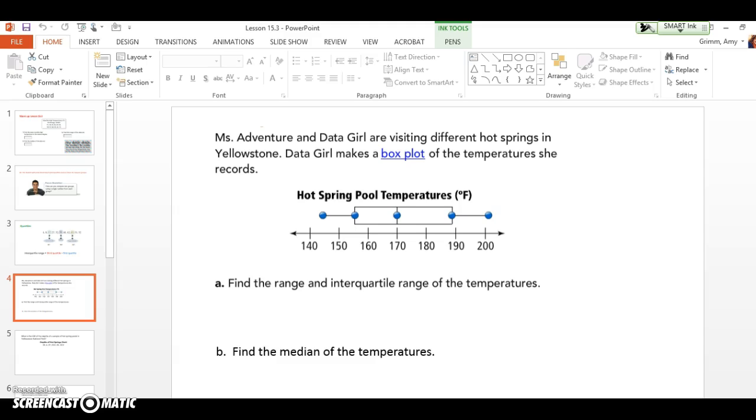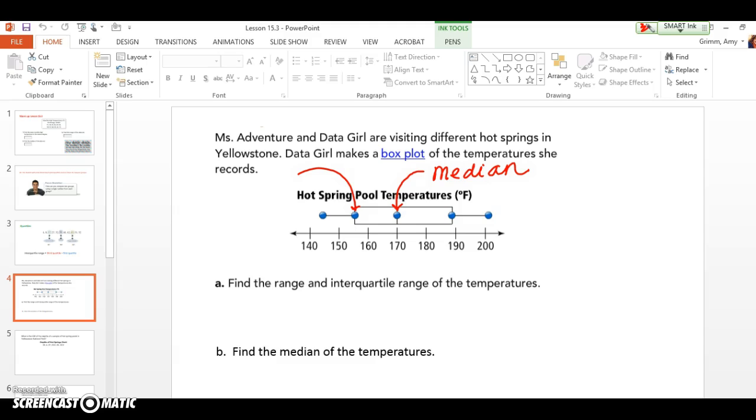Okay, this is basically what we just talked about. So let me tell you the different parts of this. What do you think this is right here? The middle. So that is the median. Now, think about what we just did. What do you think this is? The lower quartile.